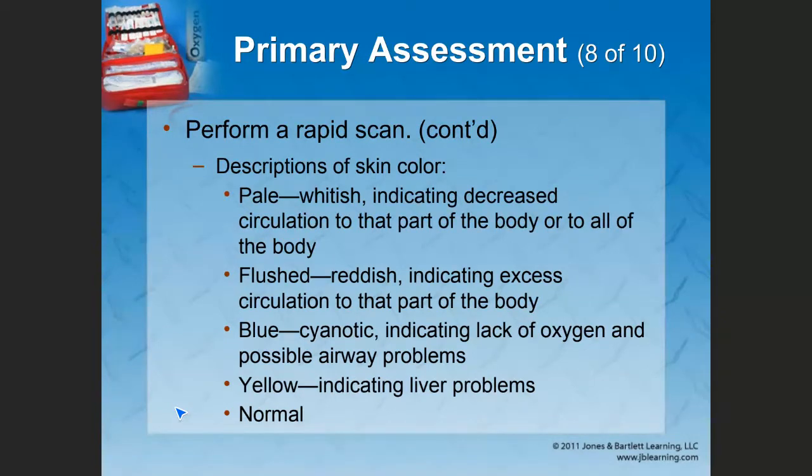Blue skin or cyanotic skin indicates an oxygenation problem, and it can also indicate an airway issue. Yellow skin is indicating liver problems, or it can be the patient is having an issue with their kidneys. Normal skin should be nice and pink and warm and dry in temperature.